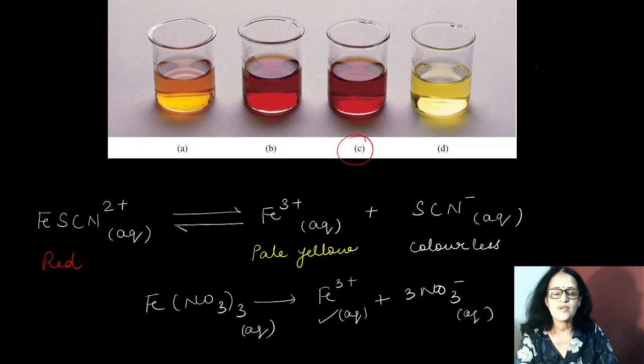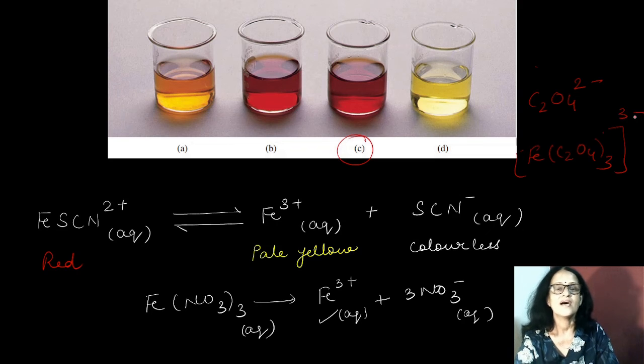In the fourth case, we may add some oxalic acid to beaker A. Oxalic acid will provide oxalate ions. Oxalate ions are C2O4 2-. Oxalate ions combine with ferric ion and form a stable complex, which is Fe(C2O4)3 3-. So this is a complex of oxalate ions with ferric ions.